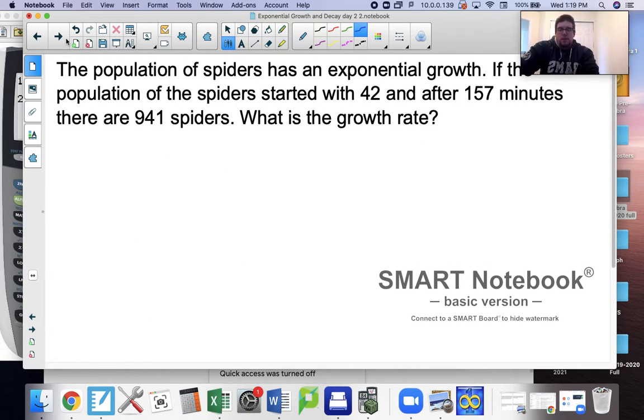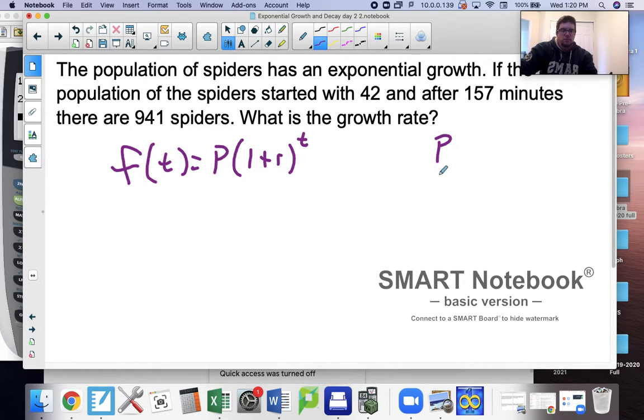So maybe we have a population of spiders. It's growing with exponential growth. If the population of spiders started with 42, and after 157 minutes there are 941 spiders, we want to know what the growth rate is. So we're going to set up our exponential growth equation.